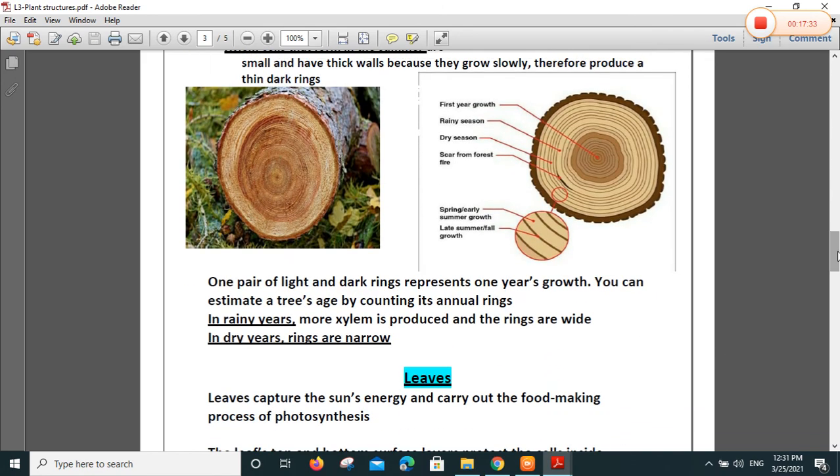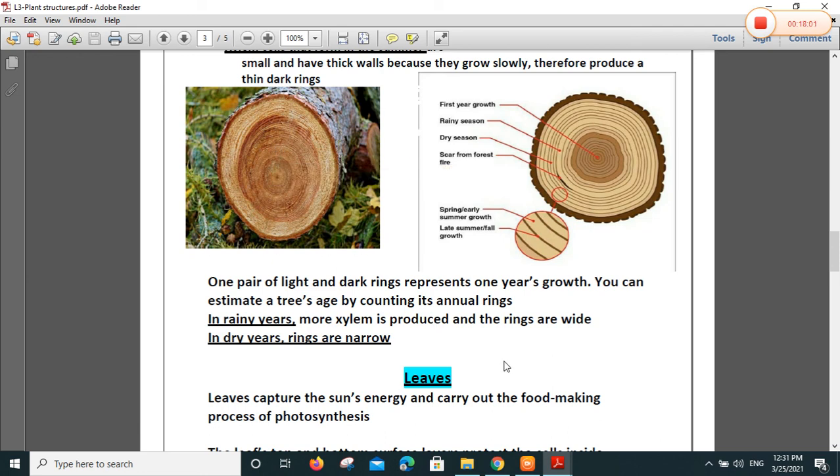In rainy years, more xylem is produced. Rainy means more water, so more xylem, and the rings are wide. Look, this wide one is a rainy season. But what about narrow?